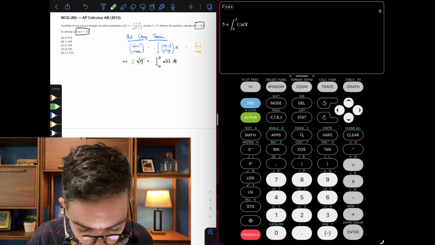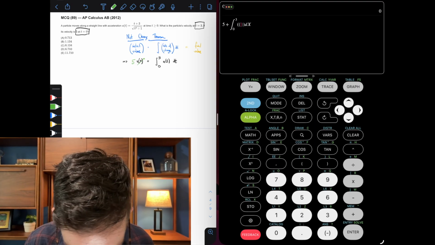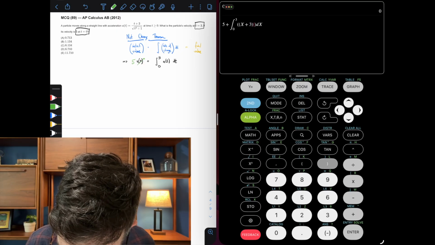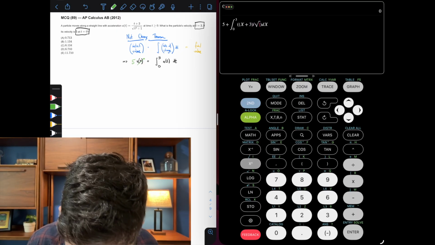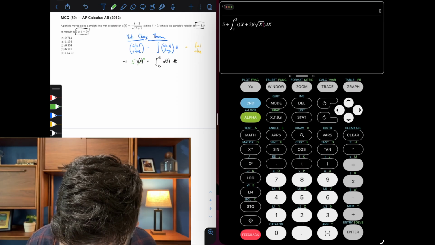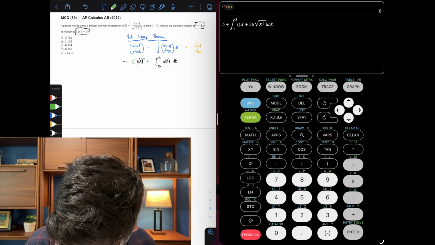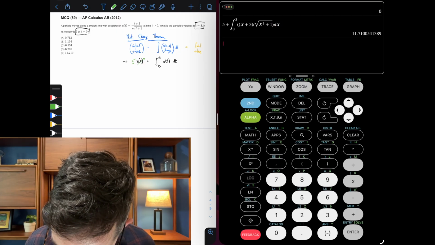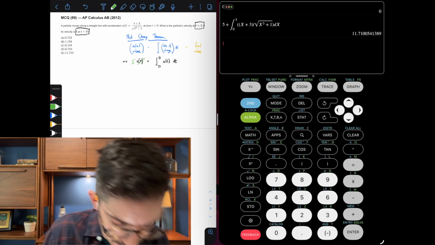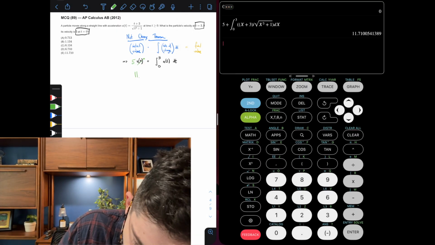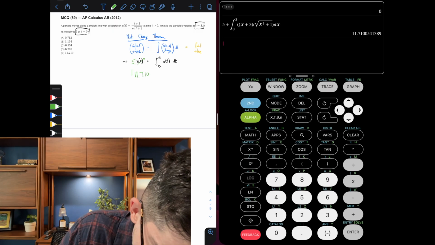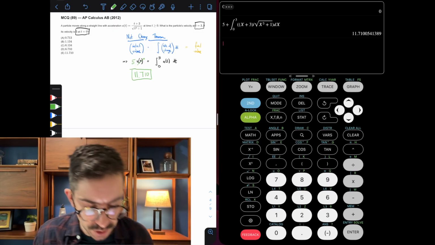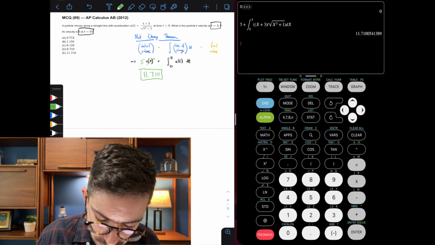So the rule for a is a fraction: the variable plus 3, divided by the square root of the variable cubed plus 1. And what I get, to 3 decimal places, is 11.710. Is that one of my answers? Indeed it is. It is answer choice E.